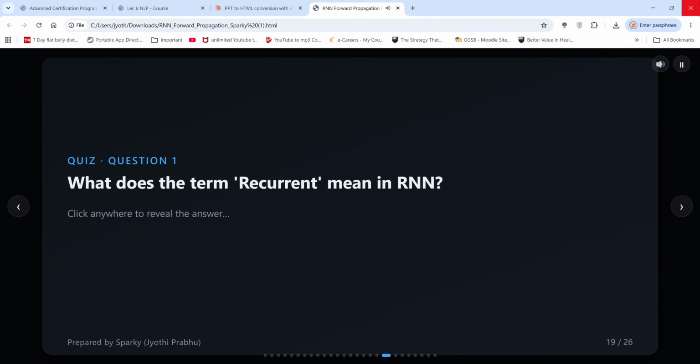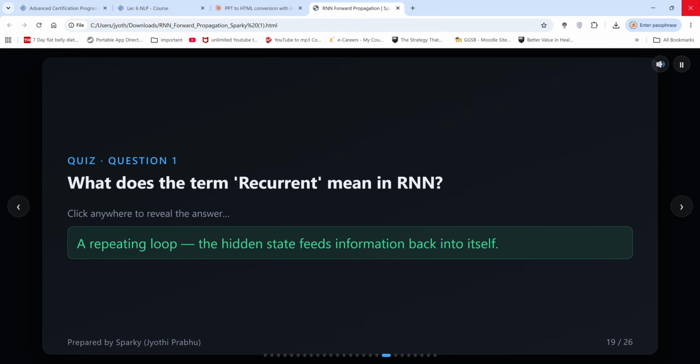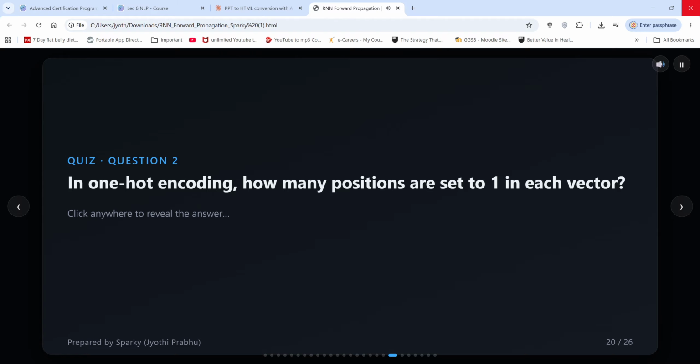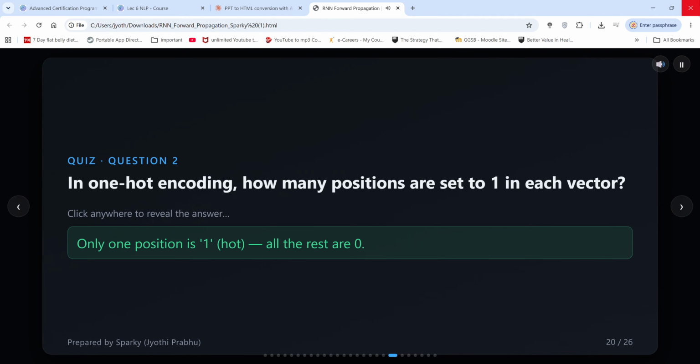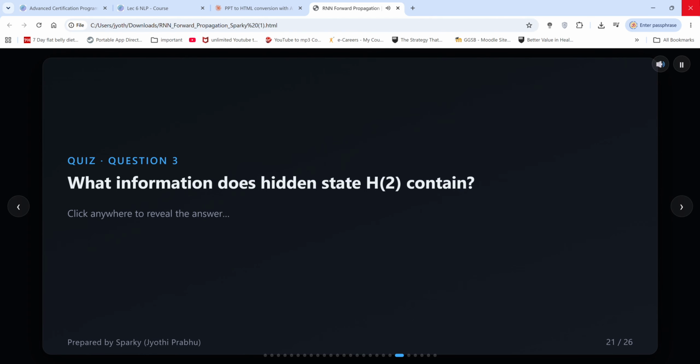Quiz time. What does the term recurrent mean in RNN? Next question. In one hot encoding, how many positions are set to 1 in each vector? Next question. What information does the hidden state H2 contain?